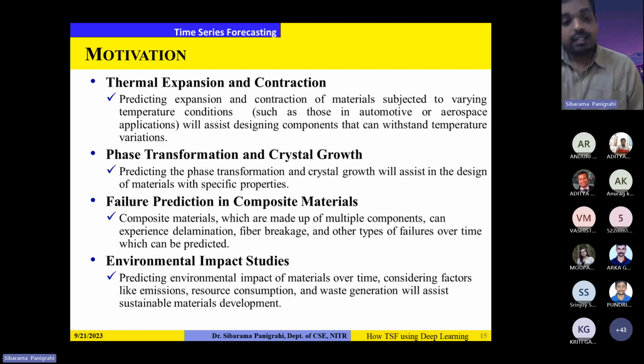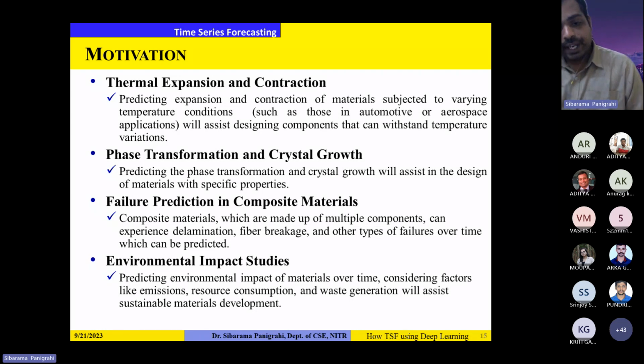And another application of time series forecasting is failure prediction in composite materials. Composite materials are materials built up of multiple components. You may know better than me. So in those components, if you can predict when the delamination or fiber breakage and other types of failure are going to happen, then accordingly you can replace them and maintain them.